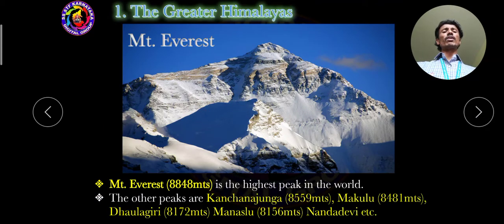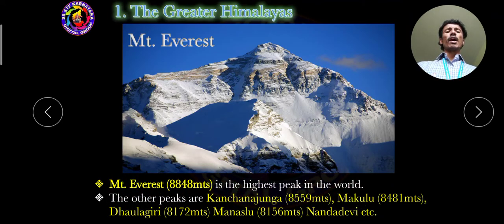After Mount Everest, some other important peaks are found in the Greater Himalayas. A question may ask you to list the peaks found in the Greater Himalayas. The first one is Mount Everest. Then other important peaks are Kanchenjunga, Makalu, Dhaulagiri, Manaslu, Nanda Devi.